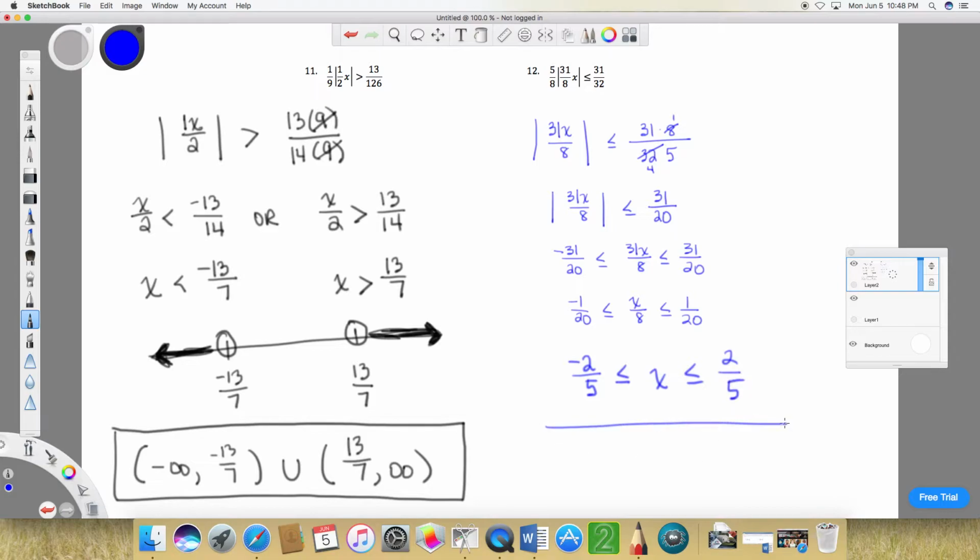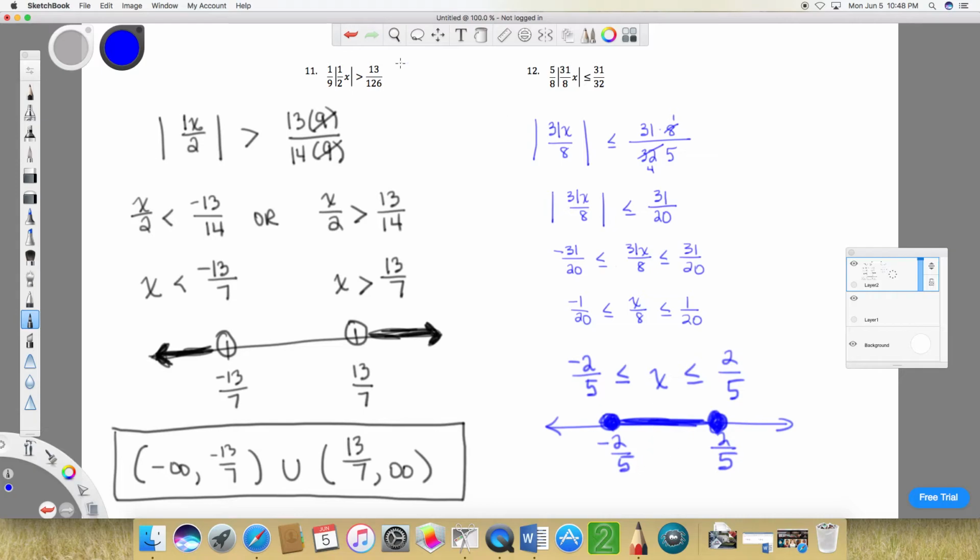So on a number line, we're including our endpoints, these critical points, because the arrow is underlined. It contains equality in each case, and we shade the middle portion.